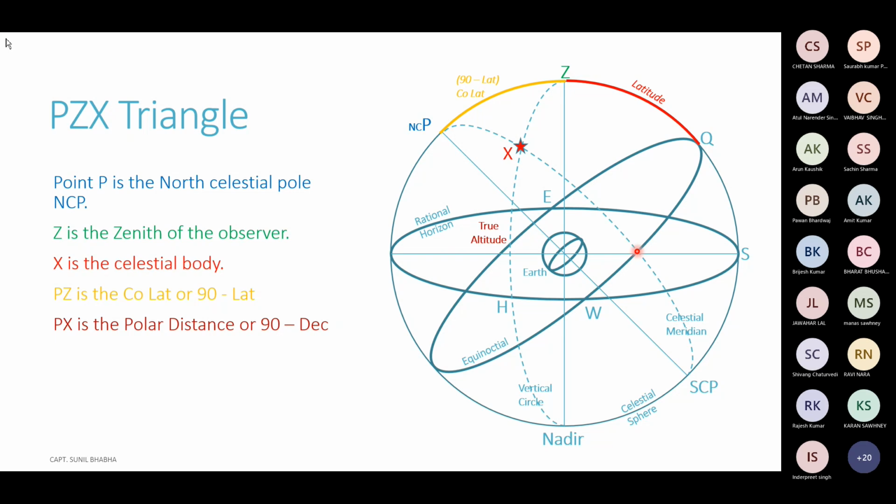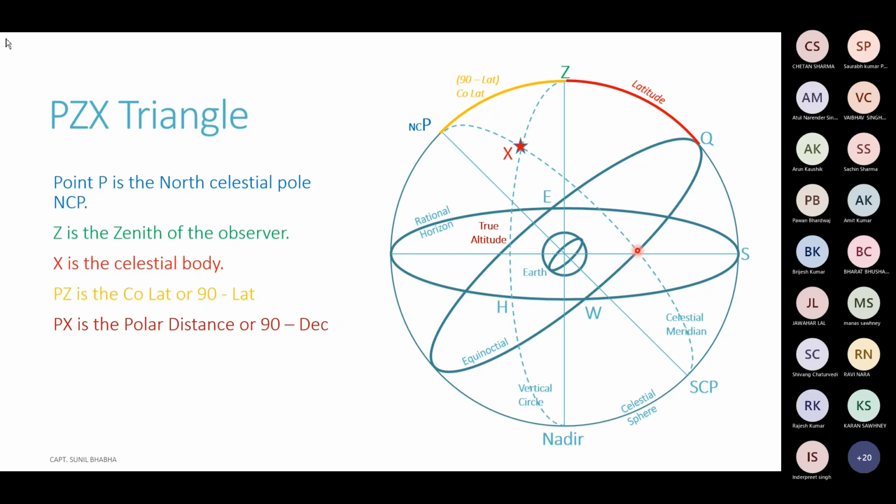Now from this point, if you measure the arc of the celestial meridian up to the body X, this particular stretch of the celestial meridian, what is this? This is the arc of the celestial meridian contained between the equinoctial and the center of the celestial body. This is the definition of declination.